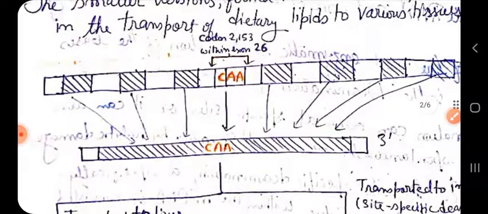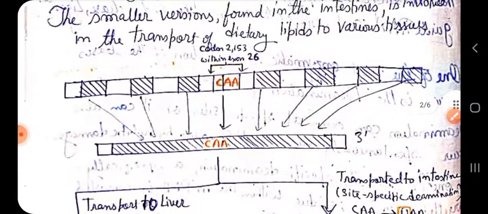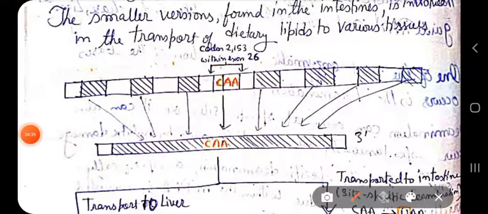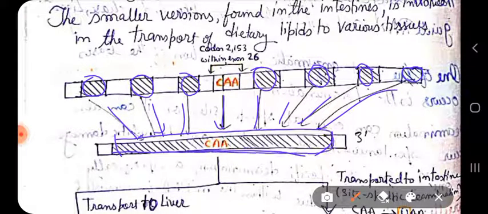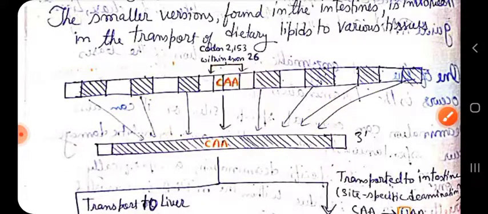I have shown to you here that these parts are the exons which have been spliced together to form a mature mRNA molecule for that apolipoprotein B. So it has been spliced. The introns are removed, exons are spliced. It has been shown here in this diagram.